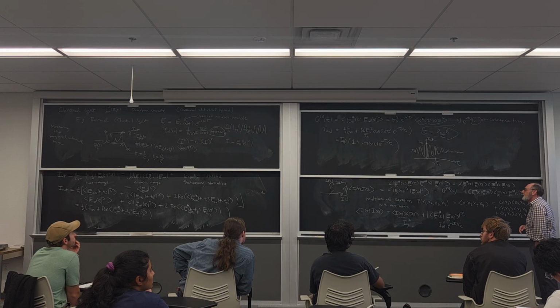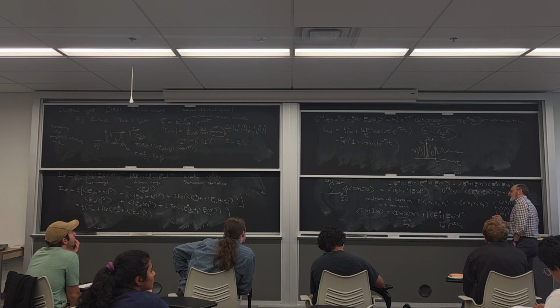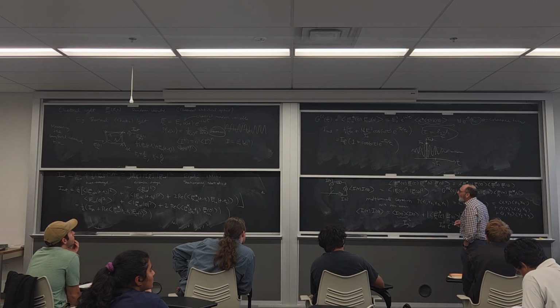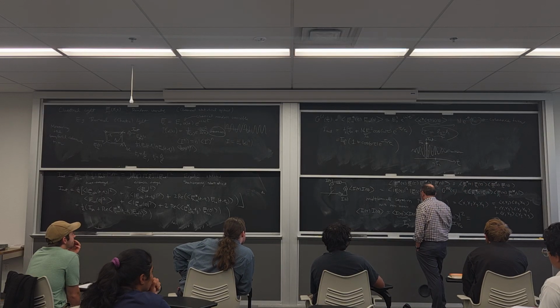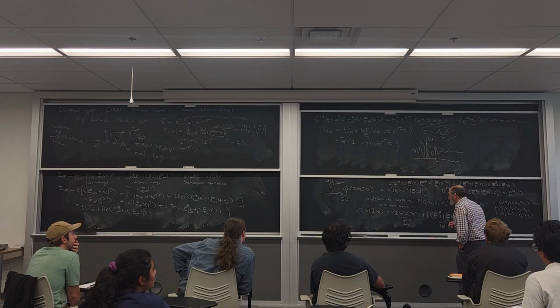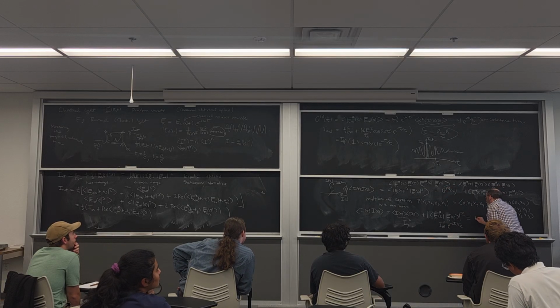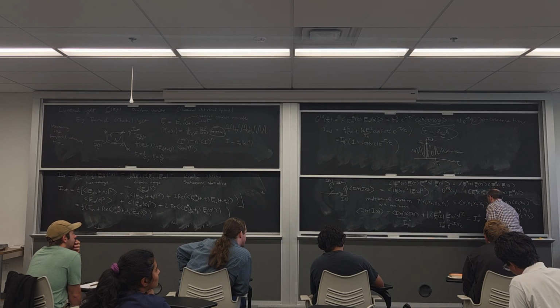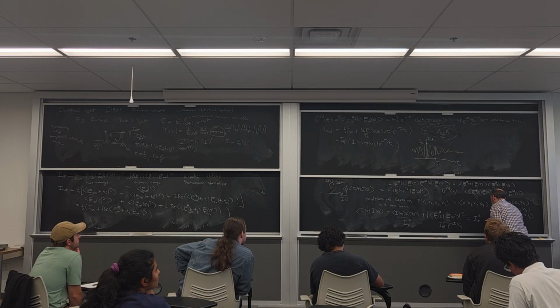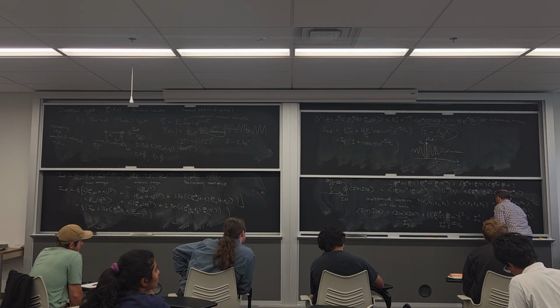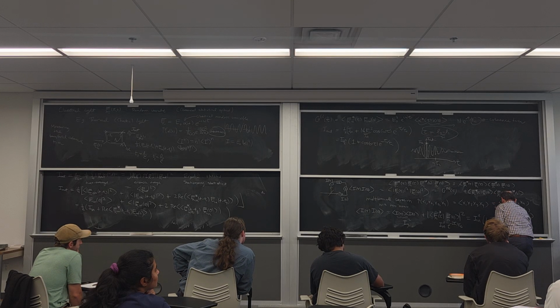Yeah. So this, I think the whole thing should have had a factor of 2 in it, but I don't really care about that. The point here is that this is equal to this.